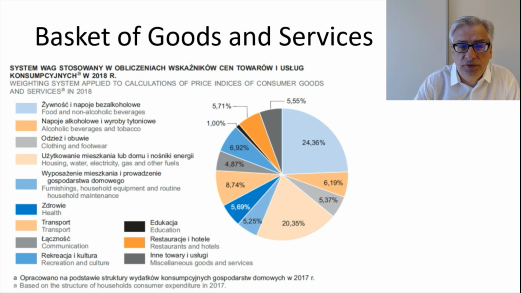So for instance, if you think of pensioners, or if you think of your grandma and your grandpa living together, if they are older people, they may suffer from some diseases, therefore they could spend more on health, more than 6% of their expenditures, for instance.